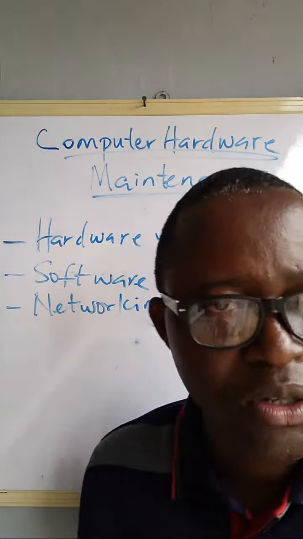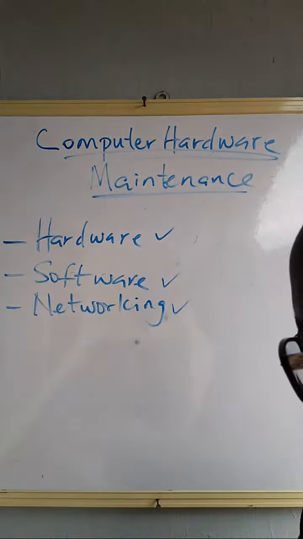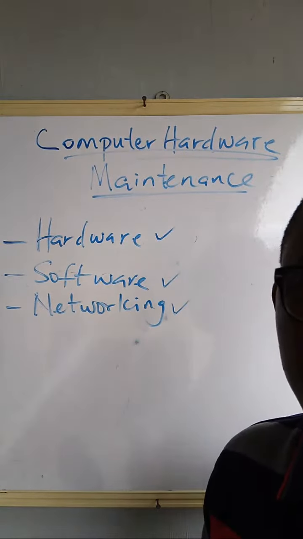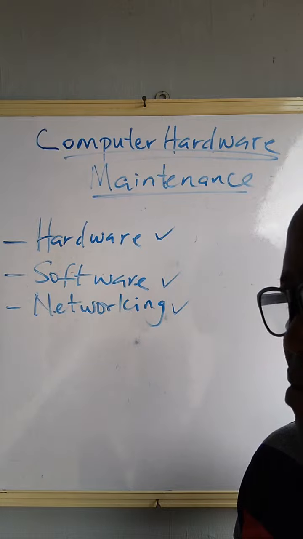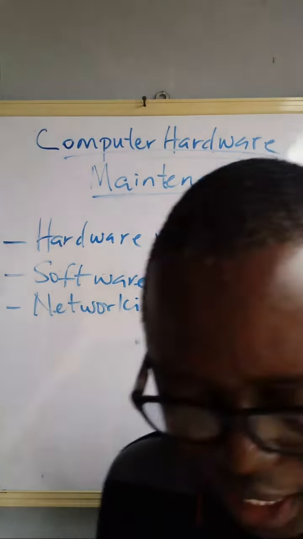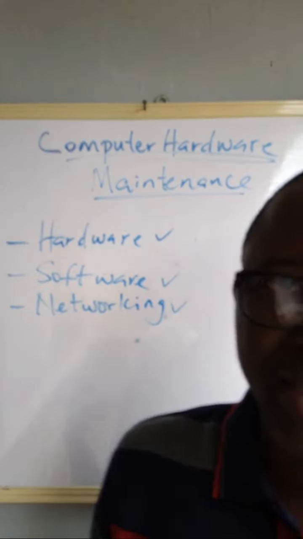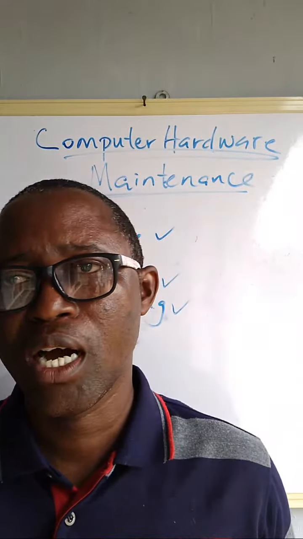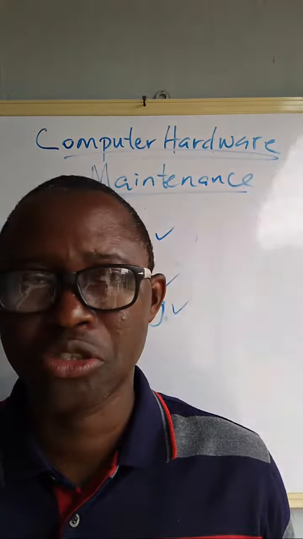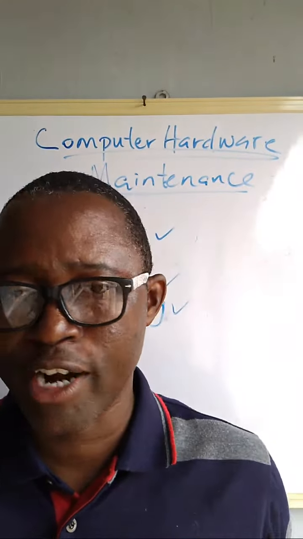Briefly, let us talk about a software problem. The software problem can be as a result of the computer having been working for so long, and the software is now having problems because of fragmentation. The software can get fragmented on the hard drive.